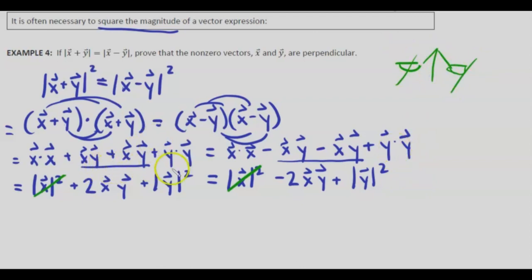Okay, the other thing is that if you took this magnitude of vector x squared and you brought it over to the left-hand side, we would essentially get negative magnitude of vector x squared. So it would be like this minus itself. Okay, so ultimately it's balanced. Now, magnitude of vector y squared, those are also balanced. So what do we have left over? We have 2 vector x vector y equals negative 2 vector x vector y.